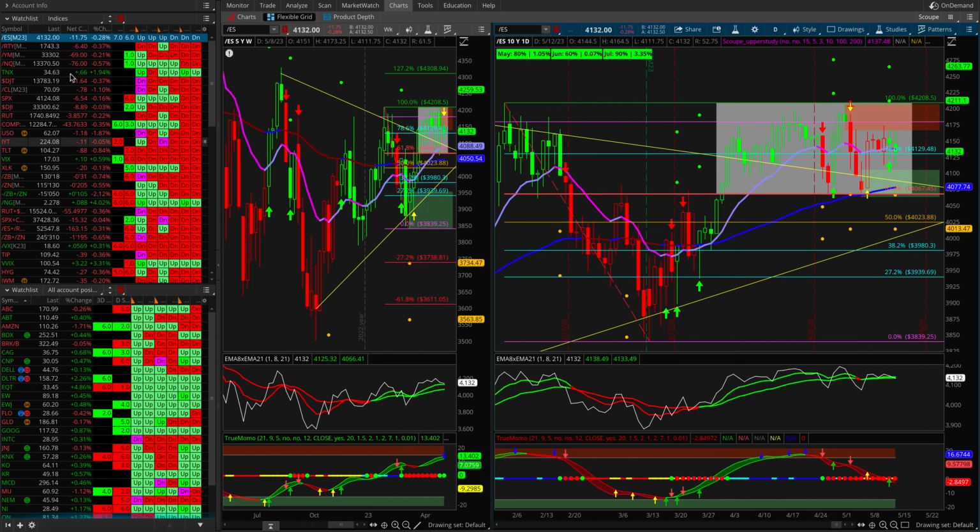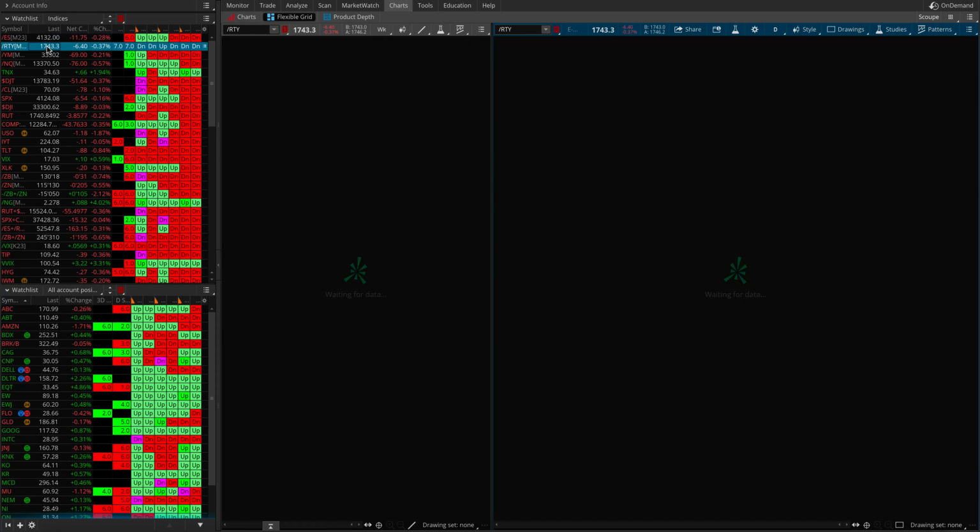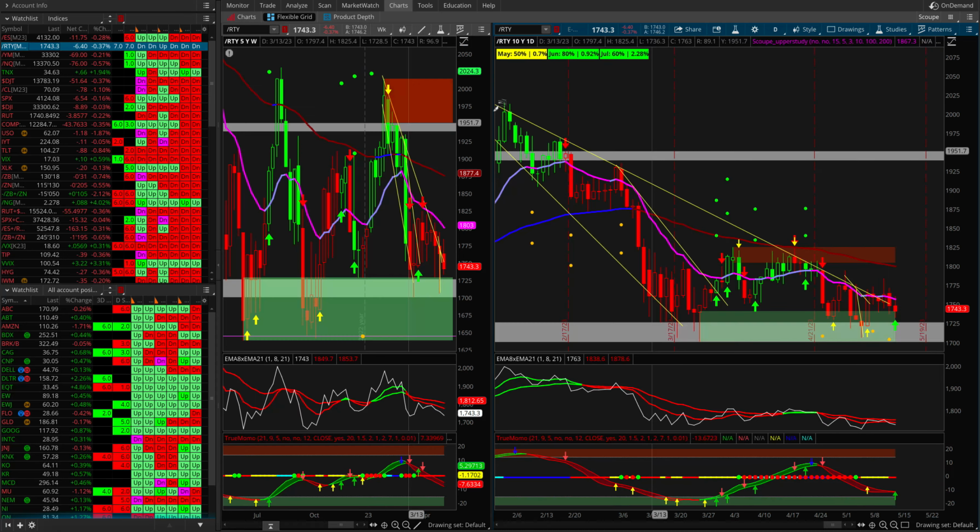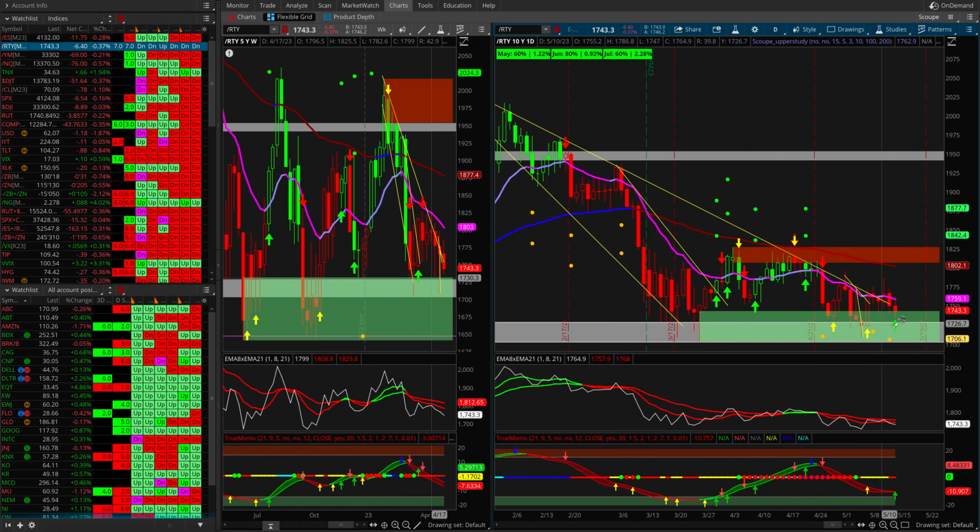All right, that's the S&P. The Russell, we actually got a point and figure buy signal on Friday. I'm sorry, not a point and figure buy signal. We got a TrueMomo indicator buy signal on Friday.